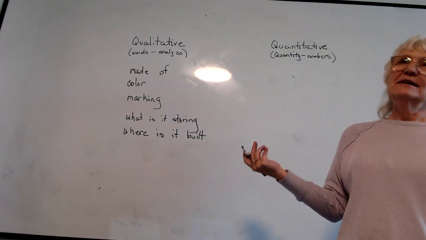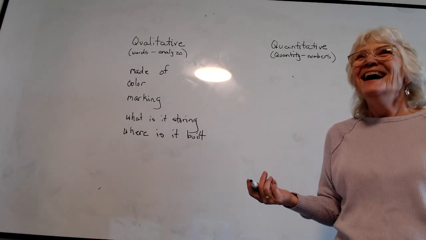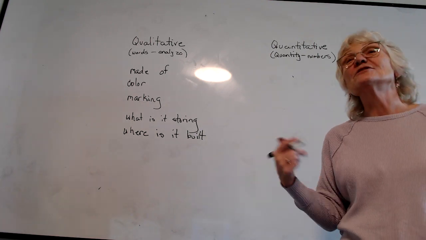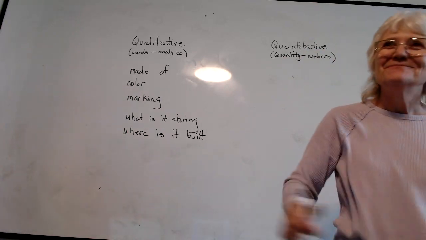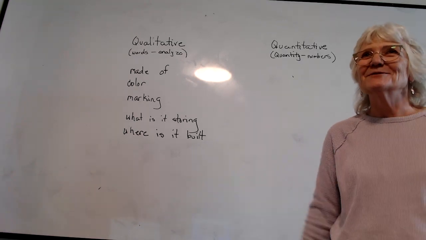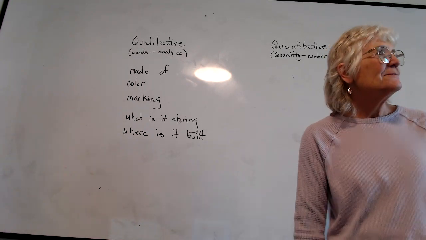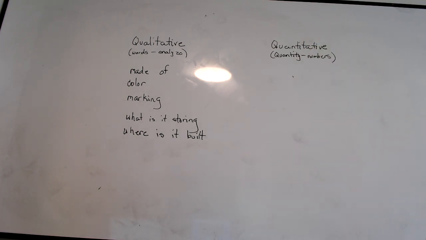Is it an IKEA? A lot of times we describe our furniture, it's an IKEA, because that's where it was bought, which also tells us where it was built, because most of that is built in Sweden. Okay, so IKEA stuff is built in Sweden, and so that's where it comes from. Okay, so those are all descriptor words. Those would be words that you analyze it by.